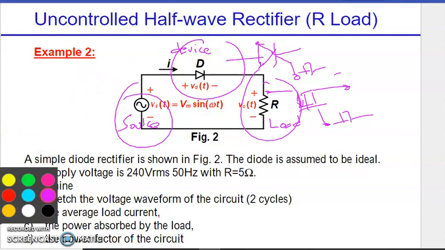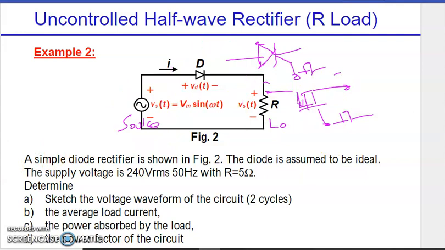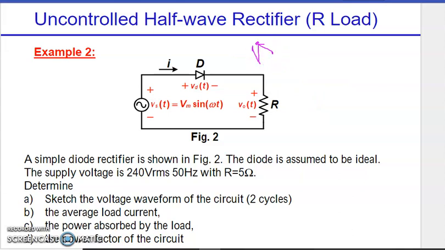Okay, another thing is that when parameters or data are given inside the circuit, we have to take note, because when we simulate, it will present different kinds of parameters.